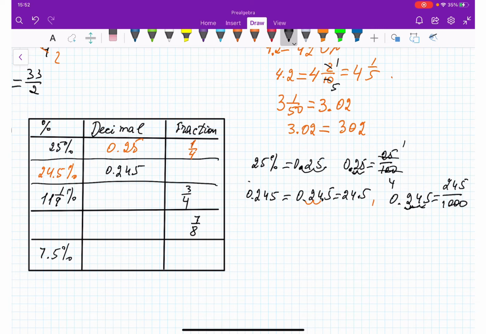Okay, reduced by 5, it's going to be 49. Reduced by 5 is going to be 200. So the answer is 49 over 200.